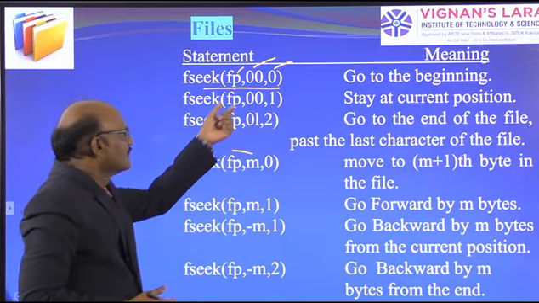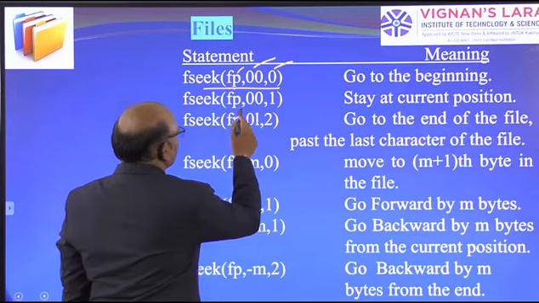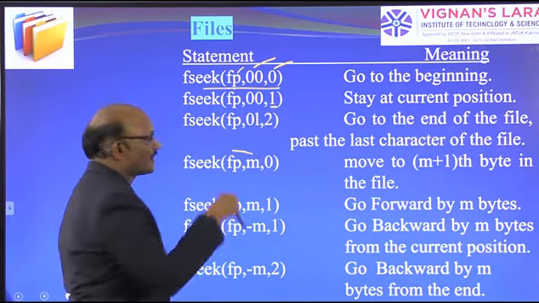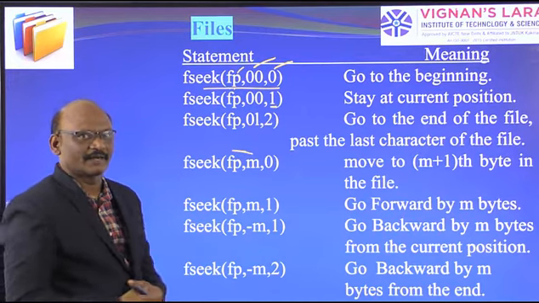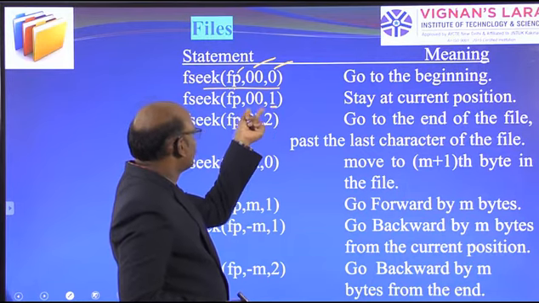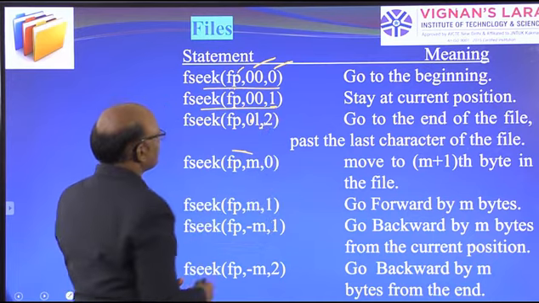That means go to the beginning. Next, fseek(fp, 0, 1): 1 means from the current position. Currently it is at some position, so from there it moves 0 bytes, meaning stay at the current position.